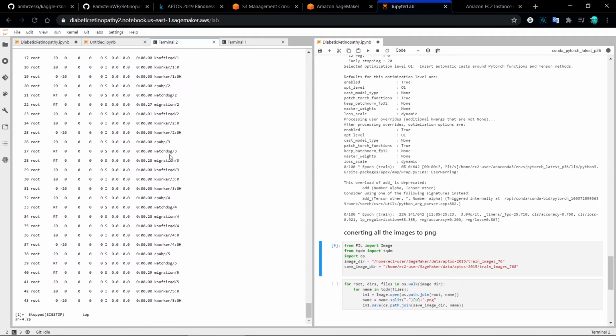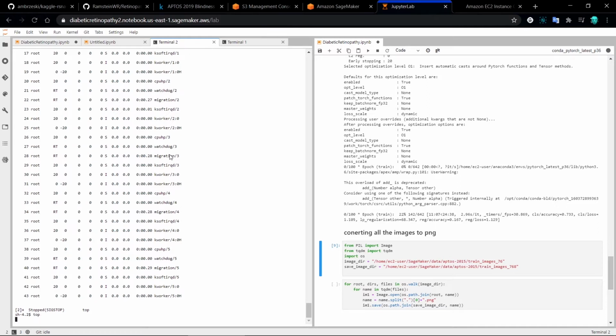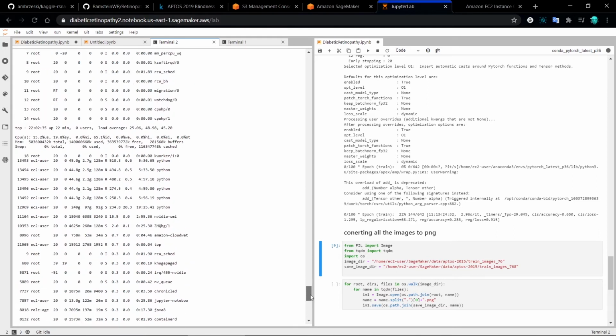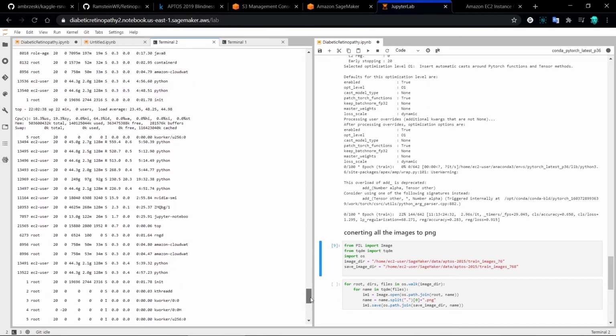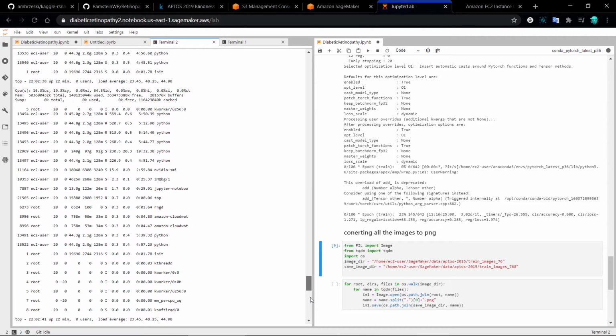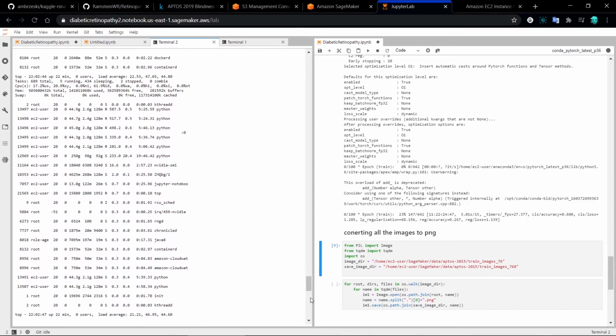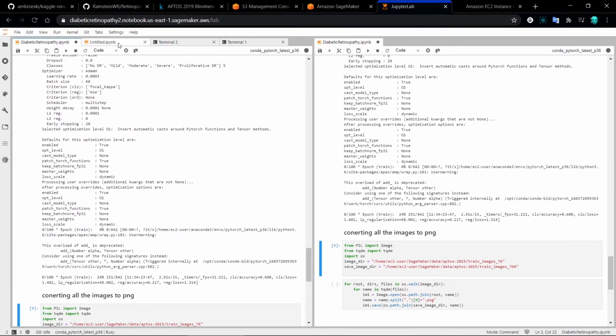Let me run it one more time because it's not giving a good view. Okay, we can see the CPU resources are at 559, 520, 513. This is the percentage we are talking about. Python is all using it, NVIDIA SMI is on the second application, and we started running it today.